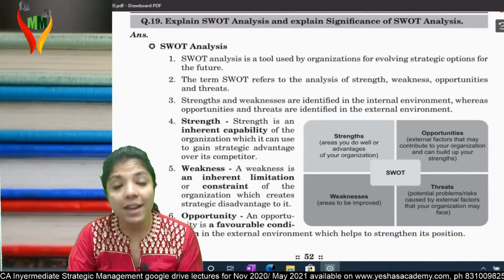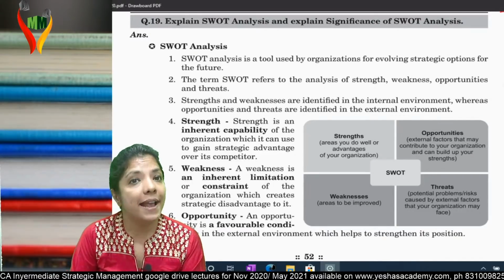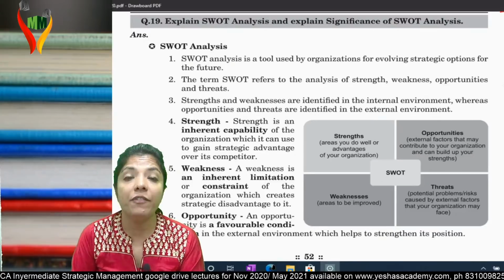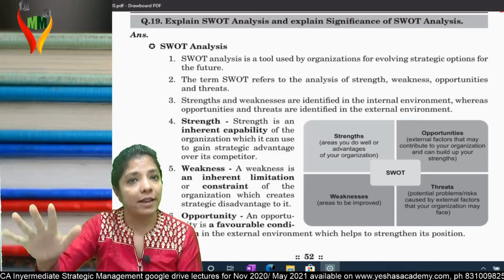Explain SWOT analysis and the significance of SWOT analysis. What is SWOT? Strength, weakness, opportunities and threats.